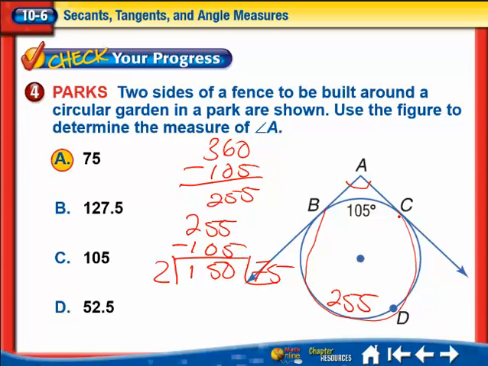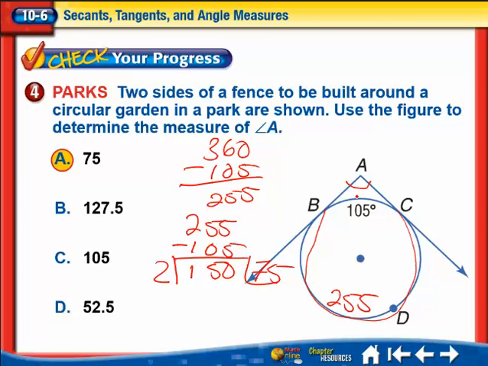Answer A. Okay. So when you have two tangents, you're going to rely on that fact that a circle is 360 degrees all the way around. You can be given any one angle in this situation and find the other two, or I'm sorry, one number and find the other two.